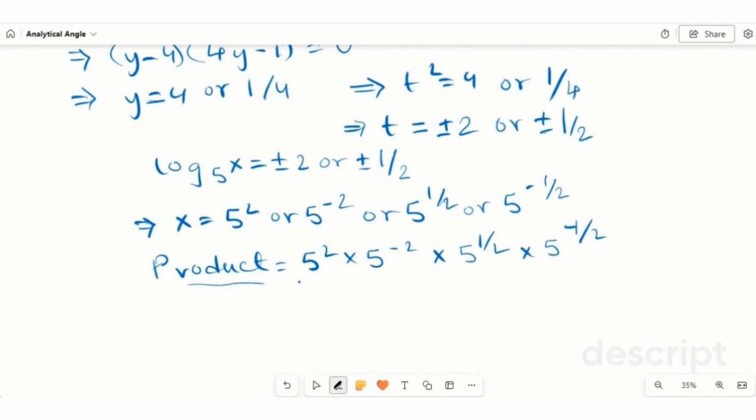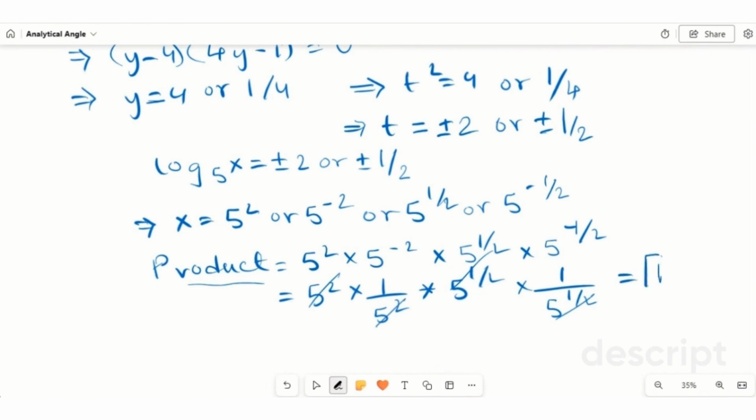So this is equal to 5 square into 1 by 5 square into 5 to the power half into 1 by 5 to the power half. And so everything cancels out and we are left with 1. And that is our final answer. 1 is the correct answer for this question.